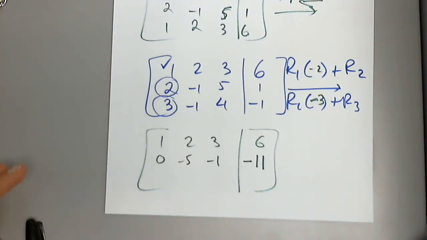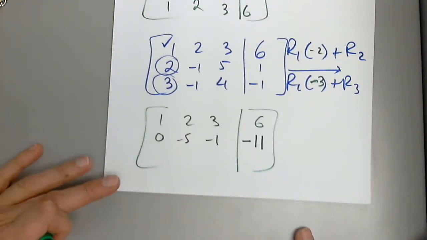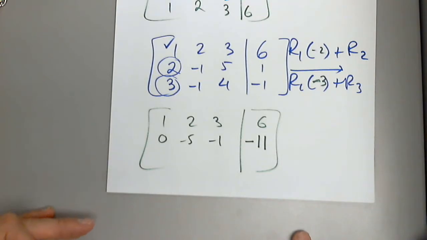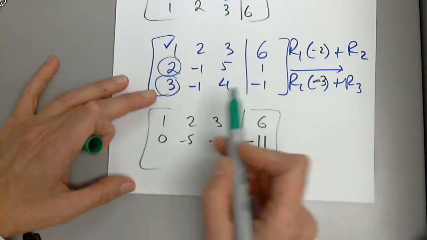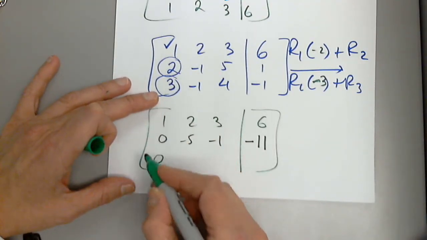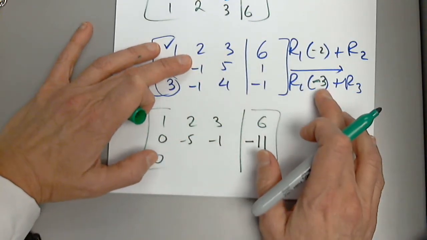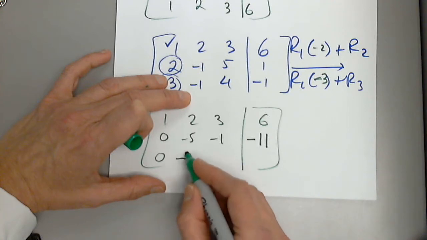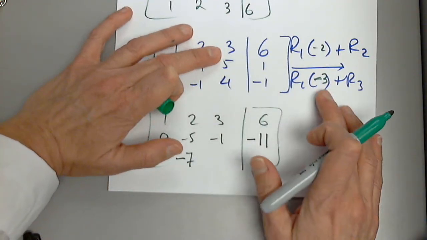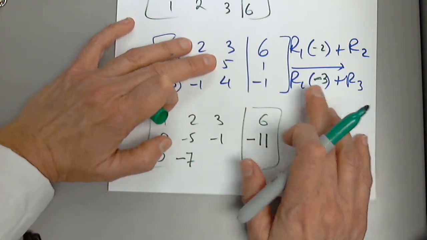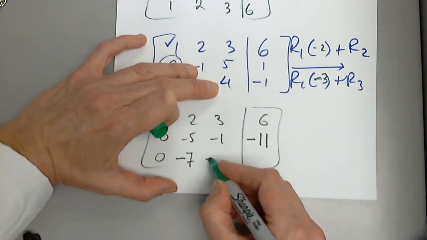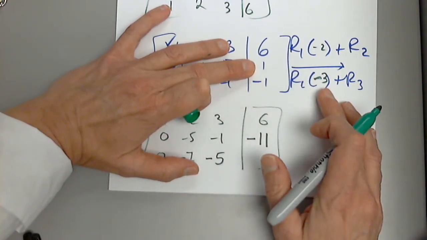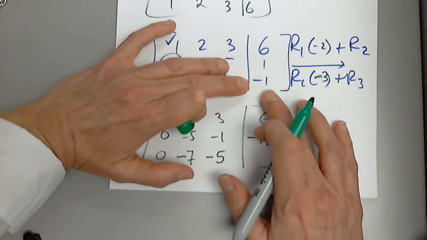Ugly, I can see already. The other one with big numbers was nicer. Okay, 1 times -3 plus 3, 0. 2 times -3, -6, minus 1, -7. Ugh. 3 times -3, -9, plus 4, -5. 1 times -3, -3, minus 1.